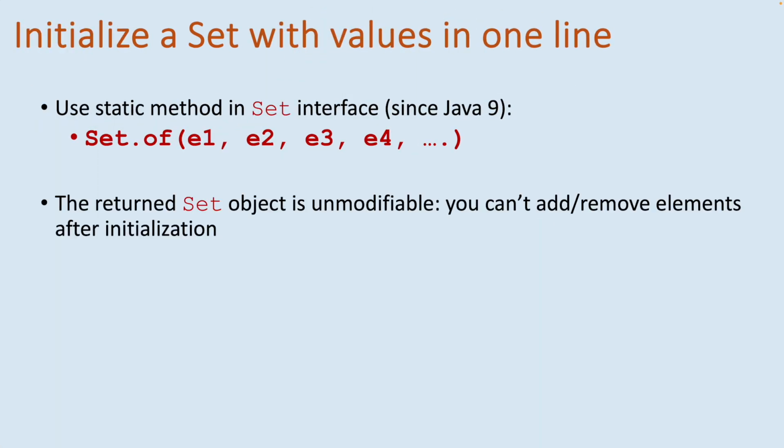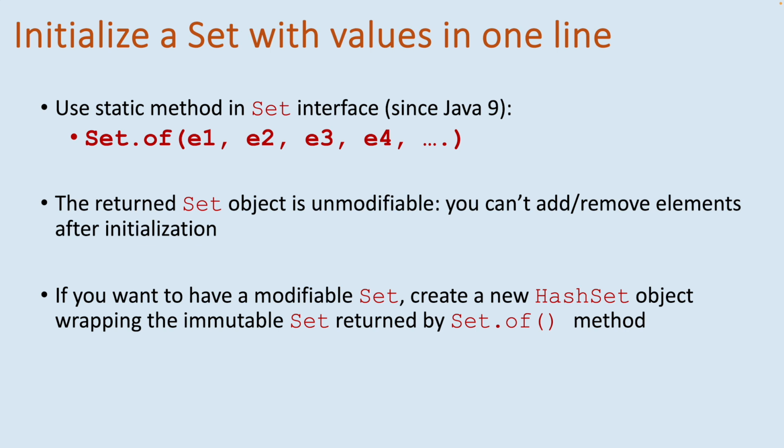And keep in mind that the returned set object is unmodifiable. That means you can't add or remove elements after set initialization. And if you want to have a modifiable set, you need to create a new hash set object that wraps the immutable set returned by the Set.of method.